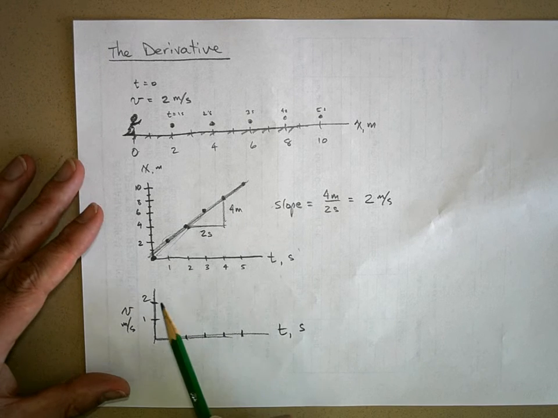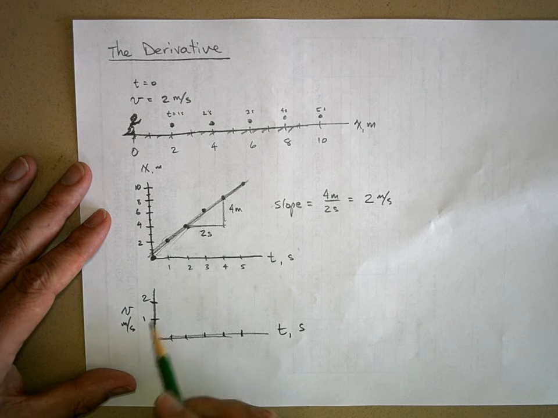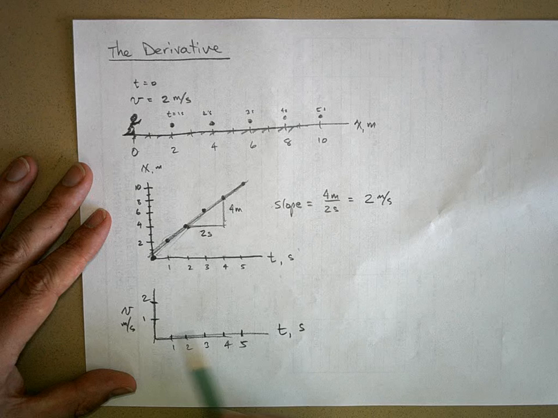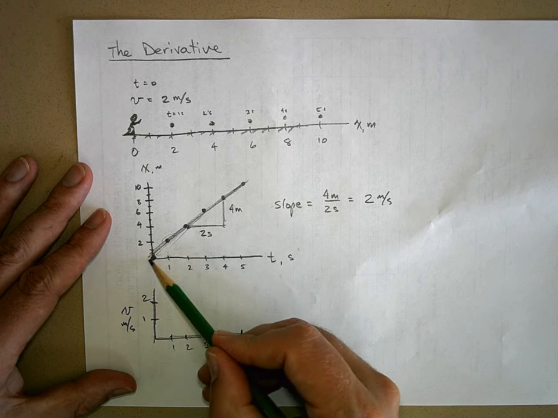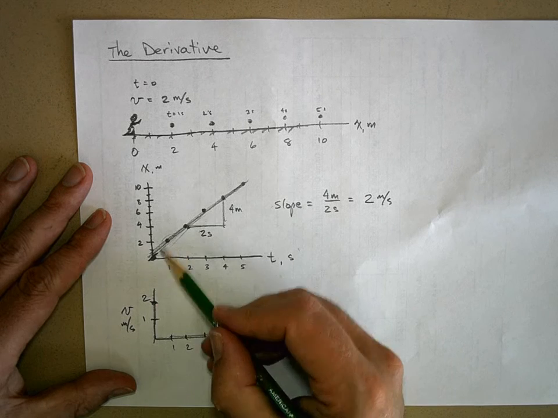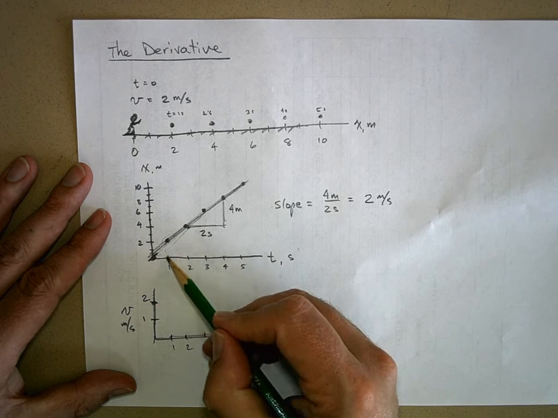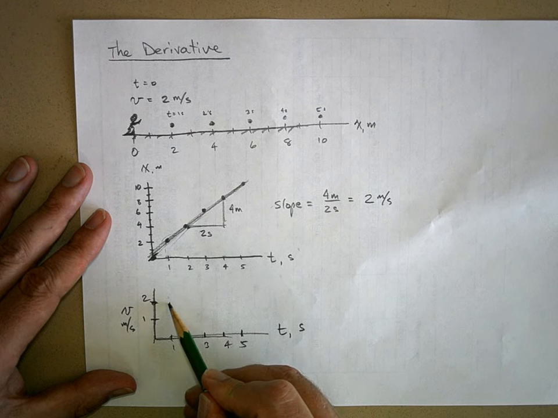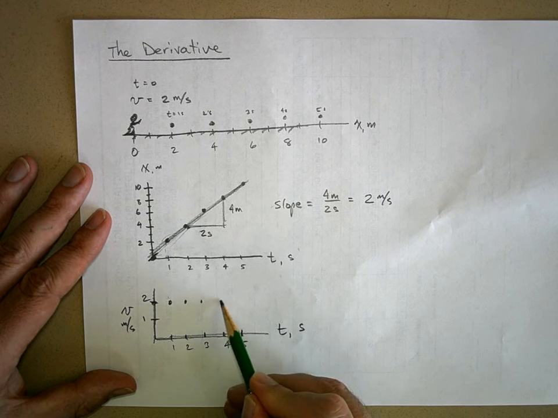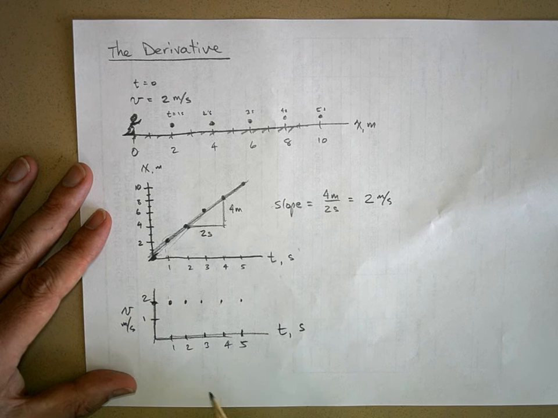So what is the velocity at 1, 2, 3, 4, 5 seconds? What's my starting velocity? 2. What is my velocity at 1 second? 2. And 2. And at 3 seconds, 2. And at 4 seconds, 2. And I guess at 5 seconds, it's probably 2.